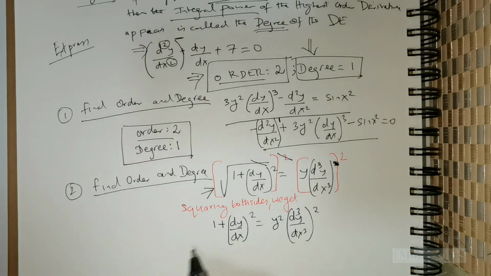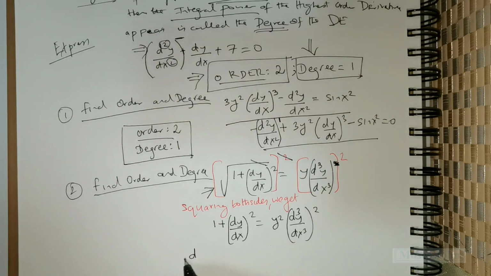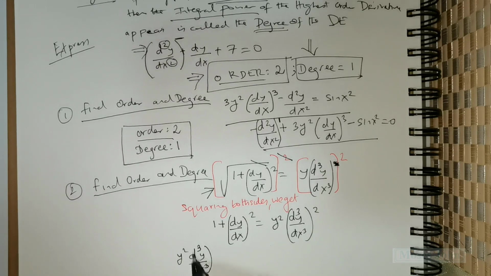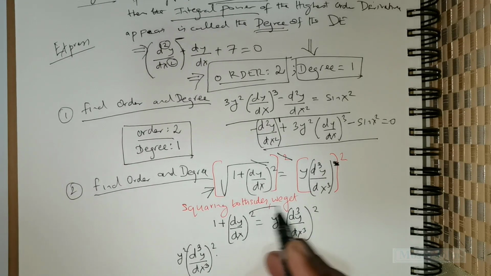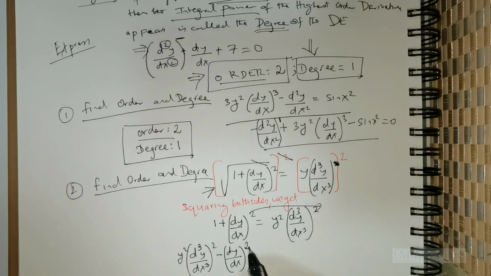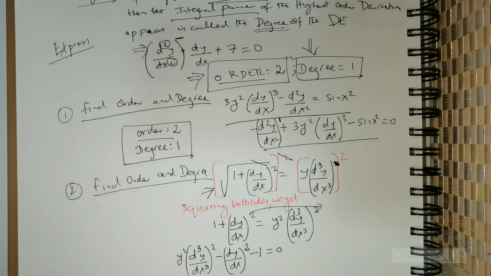Now I would want to represent this as a polynomial. So this is going to be y squared (d cubed y divided by dx cubed) raised to the power 2. You move this to the right, this is going to be negative. So it's going to be (dy over dx) raised to the power of 2, minus 1 is equal to 0.